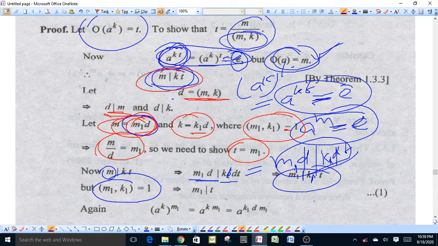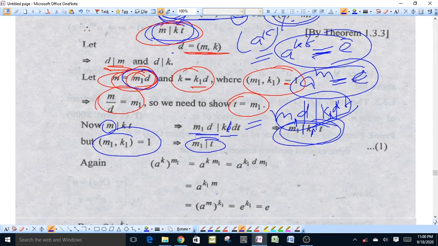This means, from this equation, m1 only divides t, because m1 is not a factor of k1, since m1 and k1 are relatively prime numbers.